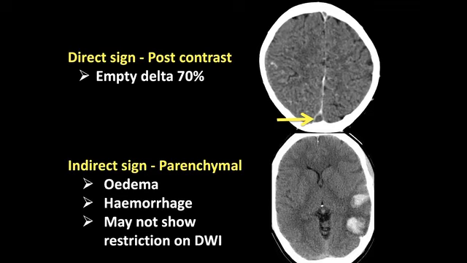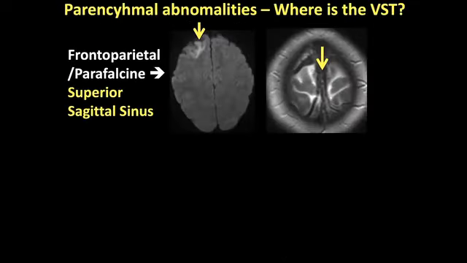So if we see those hemorrhagic areas, where should we look? If we see a parenchymal abnormality, particularly if it's hemorrhagic, and you suspect a venous sinus thrombosis, what are the clues? If we see the abnormality in the frontoparietal or parafalcine region, we need to look carefully at the superior sagittal sinus.